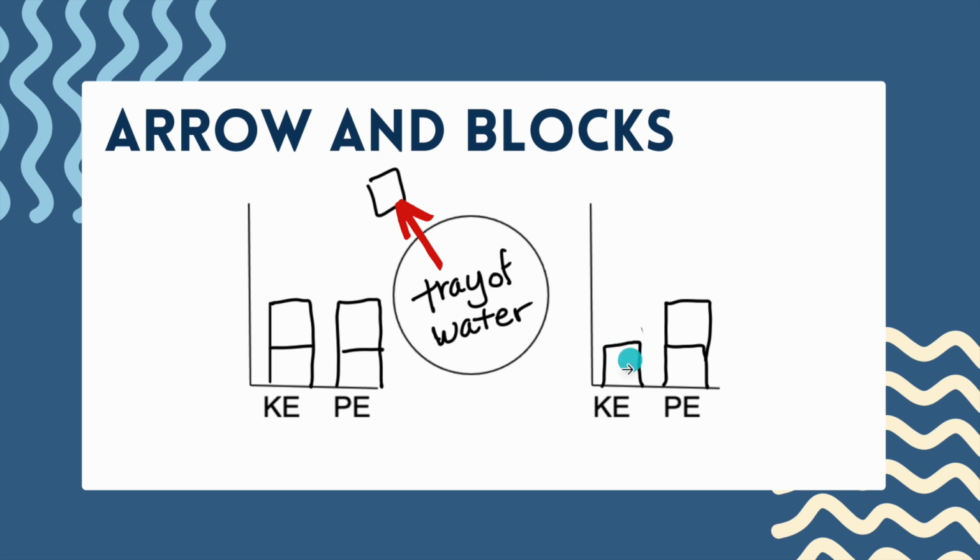And that's why I only have 1 block left over here, but my 2 blocks have gone unchanged. So make sure whatever is here equals whatever is here after you've either added or removed things to the system. So the arrows and the blocks represent that energy moving out or into the system.